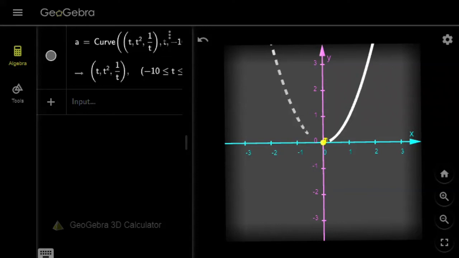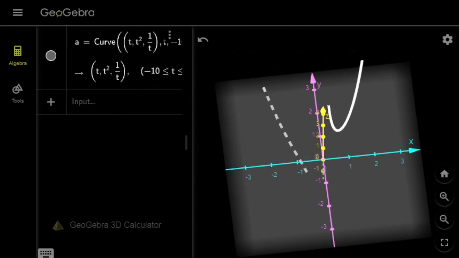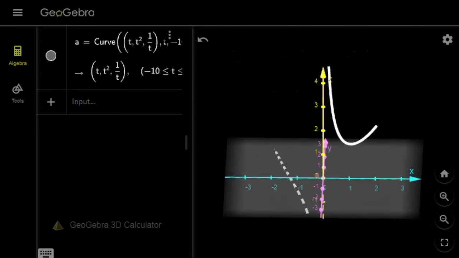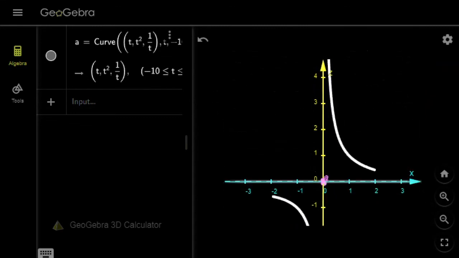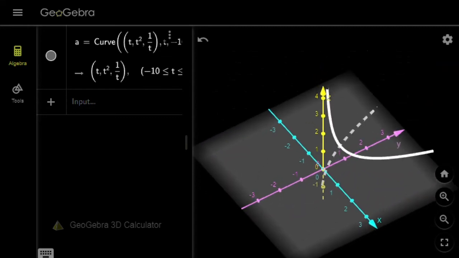But then if you tilt so that you can see what is happening in the z direction, you discover that there's a problem because those two ends of the parabola that looked so nice aren't anywhere near each other in three-dimensional space. And so it's exactly what we expect to see with a 1 over x kind of discontinuity.